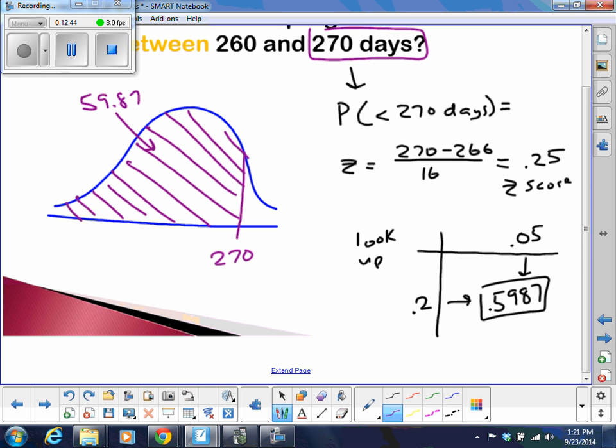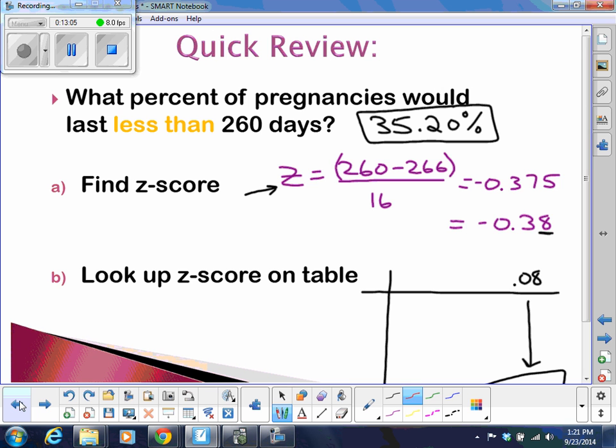But our question didn't want to include everything less than 260. So wherever 260 was, there was some area below there that we didn't want to account for because I want to just be in between the two. So the area below 260 was what we actually found in the very first part, right? We did that at the beginning. That was the 35.20%.